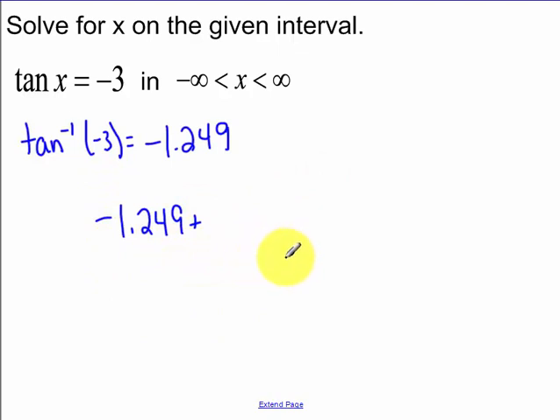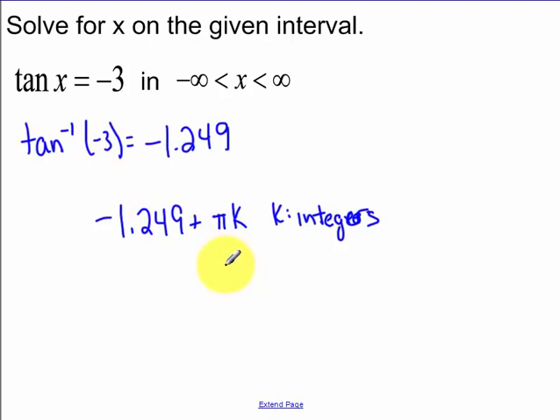Tangent's period, tangent repeats every pi. So that's why I add plus 2 pi k. Remember, k is standing for integers, where those are rotations around my circle. Okay, but it's really multiples of pi since tangent repeats every pi.